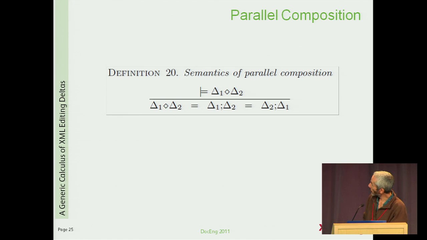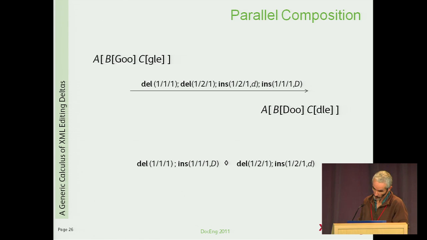So the parallel composition says, very simply, that it can be considered as a sequence of 2 deltas in any order. No sensitivity to order. You can commute. And here, for instance, we can rewrite the previous transformation in such a way that we can exhibit this diamond operator.